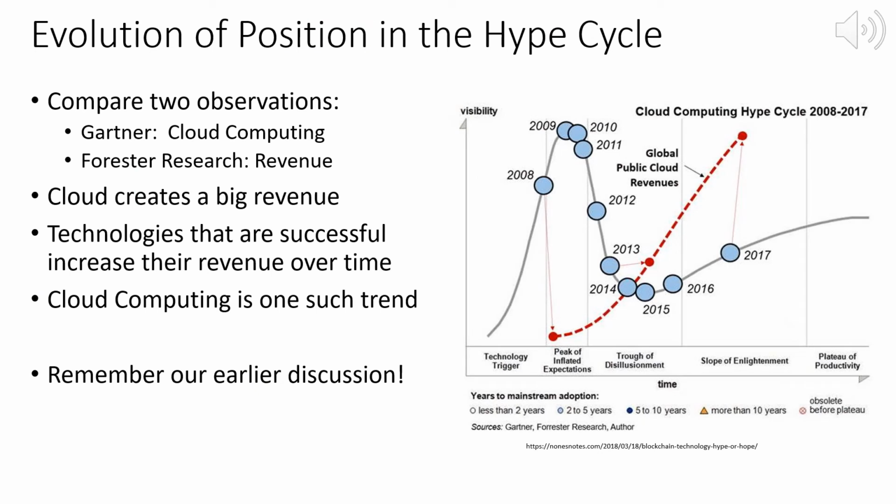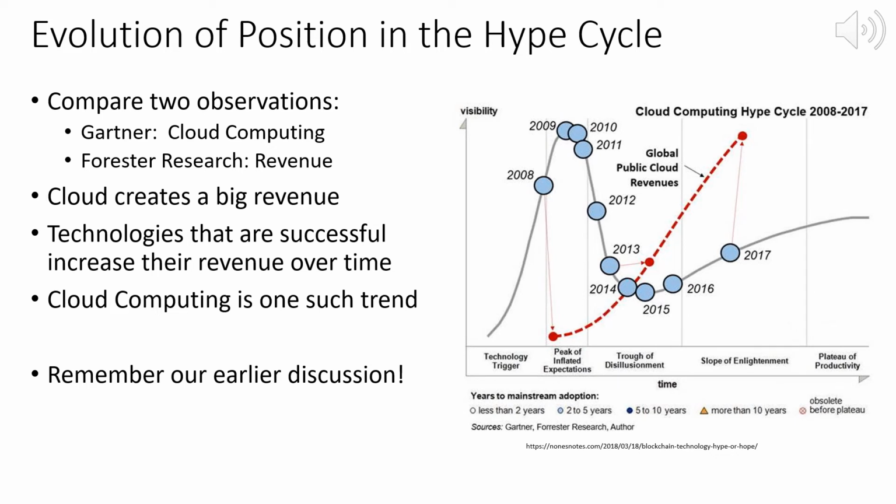Let us now observe the evolution of the position of cloud computing in the hype cycle. So here in this picture we compare two observations. First, the position of cloud computing in the hype cycle, and then, through Forrester research, the revenue that we have. Let's take a look at this, and we see the different years plotted.